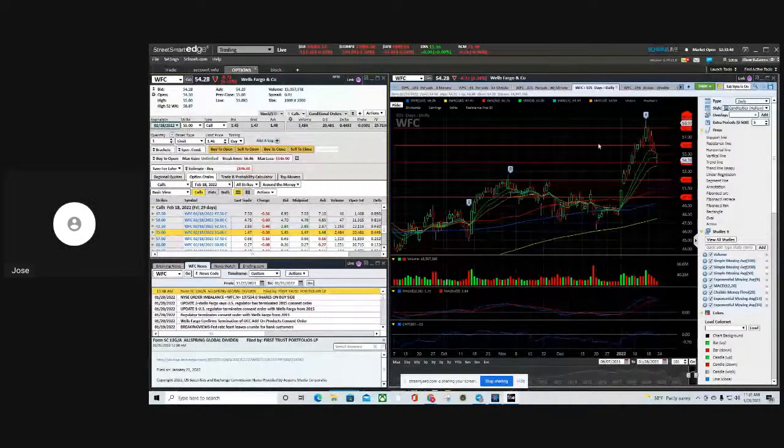So the $55 call has very good open interest. You can see 20,000 open interest. So I would go with either one of these, the $55 call or the $52.50. The $52.50 would be more near the money whenever it does pull back to $52. So I would probably go with that one since it's not that expensive.